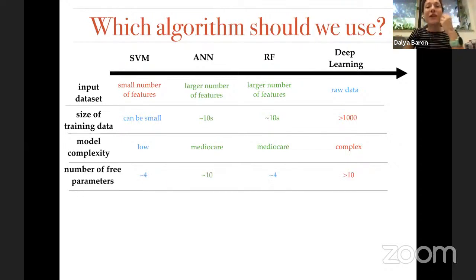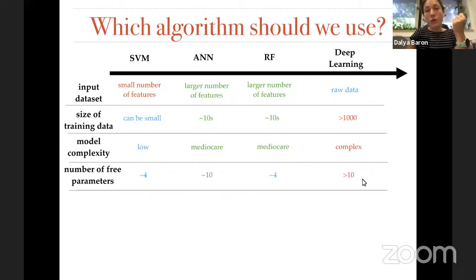In terms of the free parameters that we can change and explore, in support vector machine and random forest, we have roughly 4, which we can play with. In artificial neural networks, I'm writing roughly 10, and in deep learning, much more than 10.